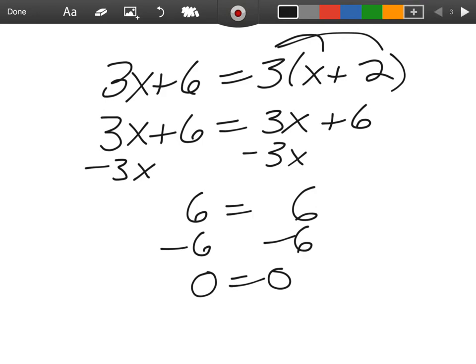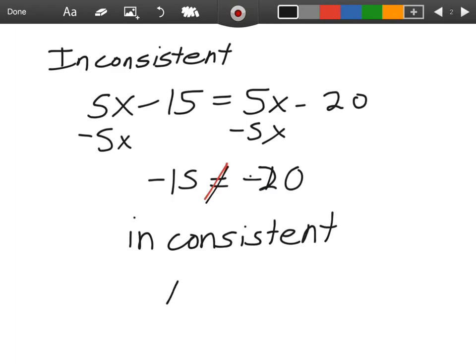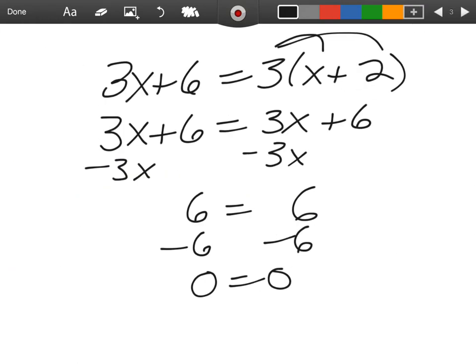Now let's look at the difference here. The very first one had one solution. This one has no solution. There's no value for x that would make that equation balance. This one is not no solution, because 0 equals 0 is a true statement.